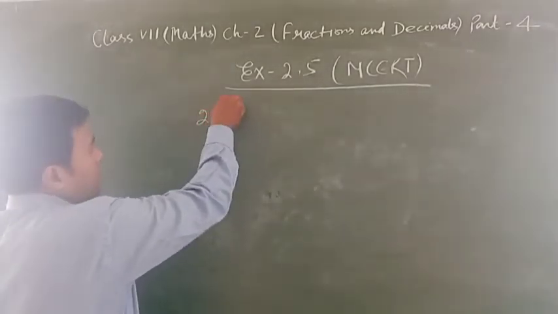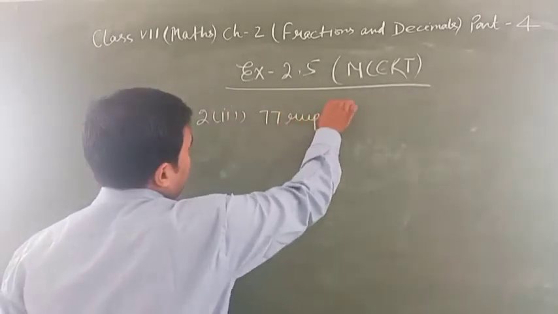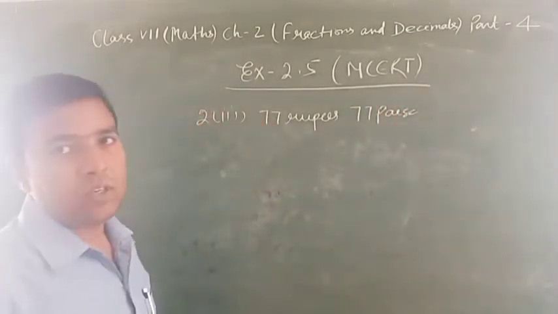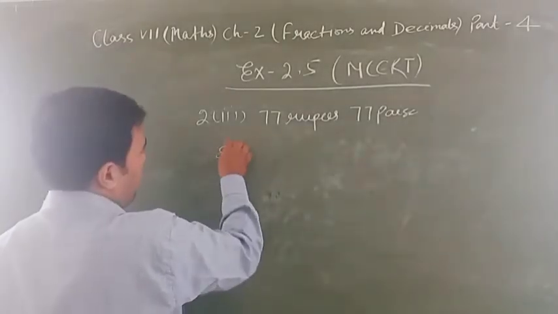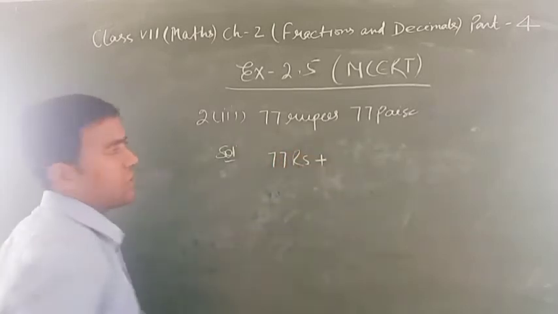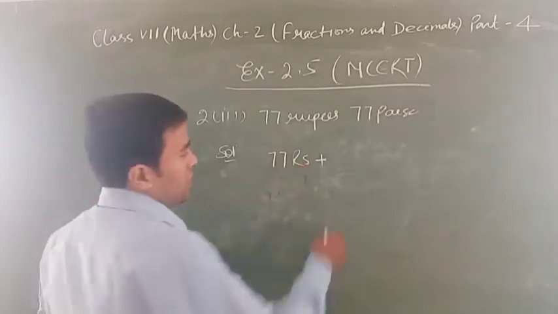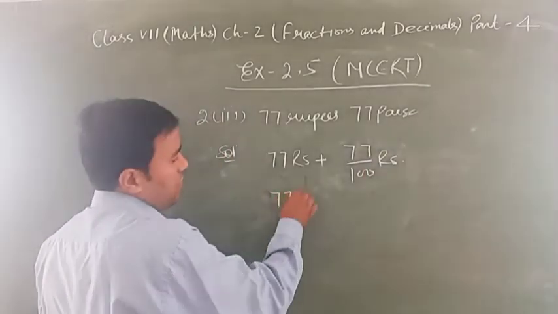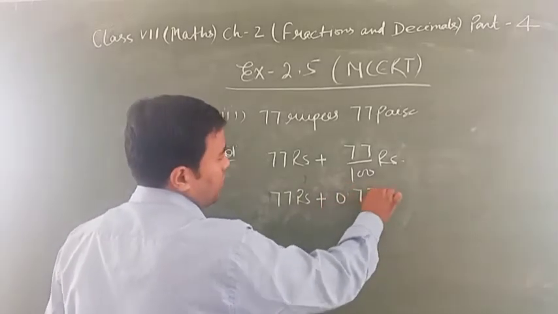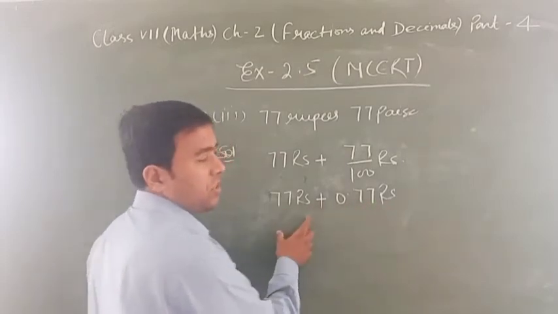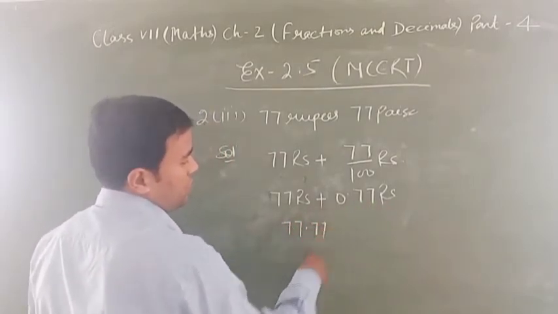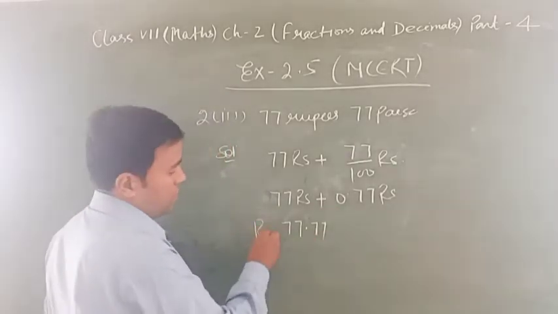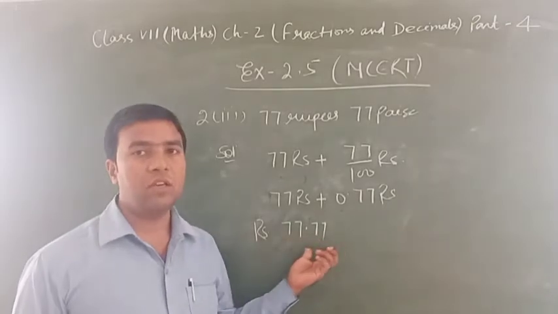Second, third: 77 rupees 77 paise. Clear? 77 rupees is already in rupees, so you will not change anything. 77 paise is 77 by 100 rupees, which is 0.77 rupees. Both are now the same unit, so we can add: 77 plus 0.77 means 77.77 rupees.